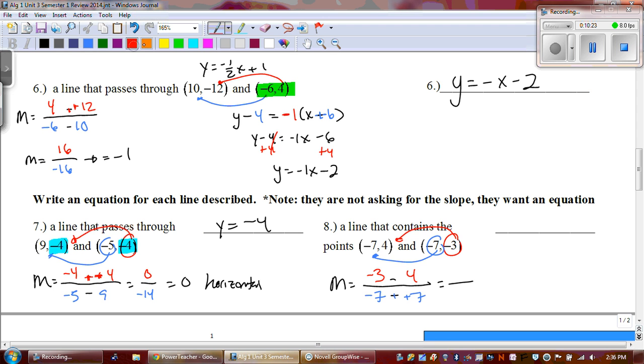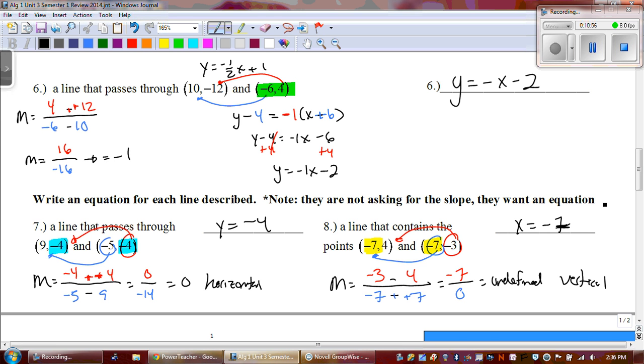On the top, -3 minus 4 is -7, and -7 plus 7 is 0, which means that this is undefined slope, which is a vertical line, which means it's an x equals. Okay, and some of you might have noticed right off the bat, hey, Mr. Grice, I noticed there's two -7s where the x is at, so that must mean that it's x equals -7 graph. Okay?